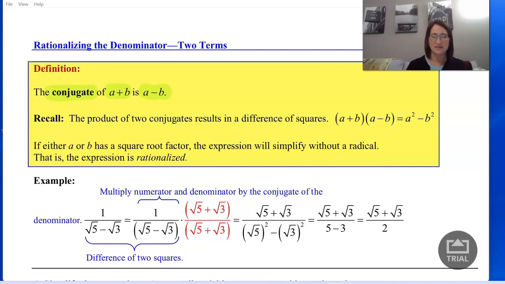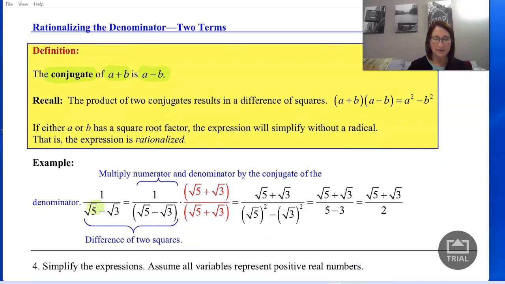So let's look at this example here. If I've got, let's look at these two denominators, okay? Oops, I highlighted the wrong ones. Okay. So I start with the square root of 5 minus the square root of 3. And then I've got the conjugate. So I need to redraw my arrow here.